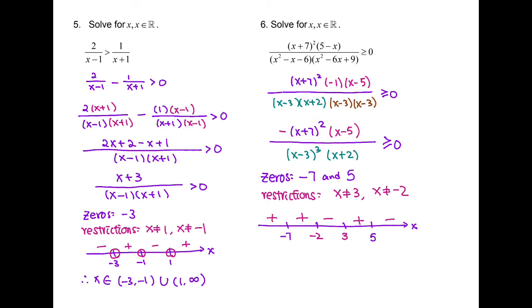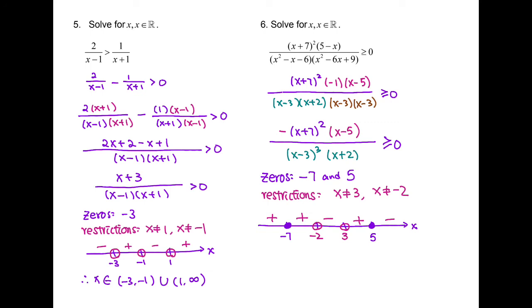Let's look at the inequality sign. Since there is an equal sign on the inequality, that means the zeros will be included. So -7 and 5 will be a solid dot. And restrictions will be an empty dot. Finally, let's look at our inequality to make a conclusion.